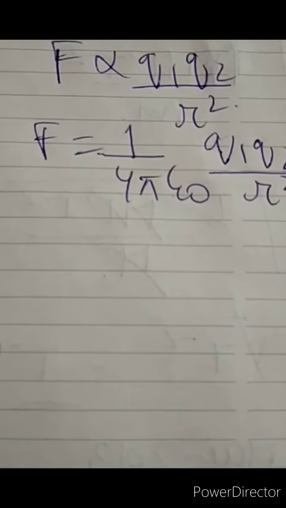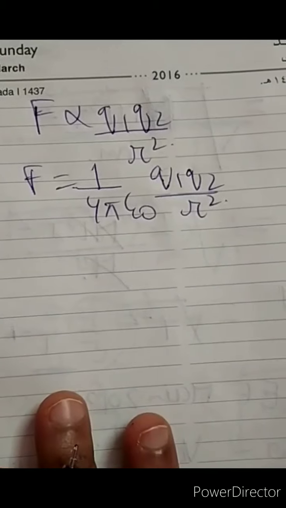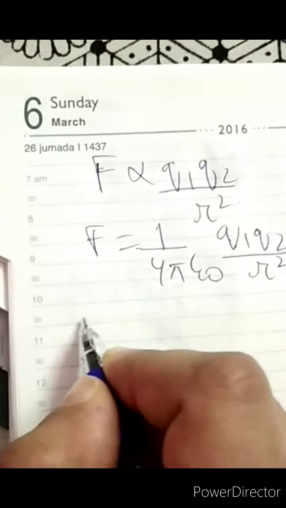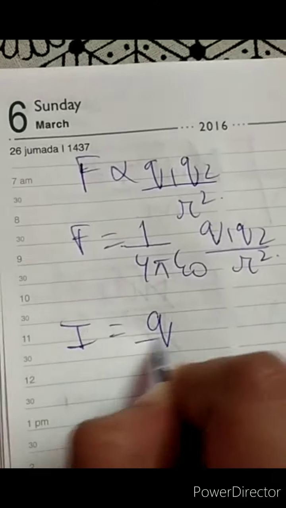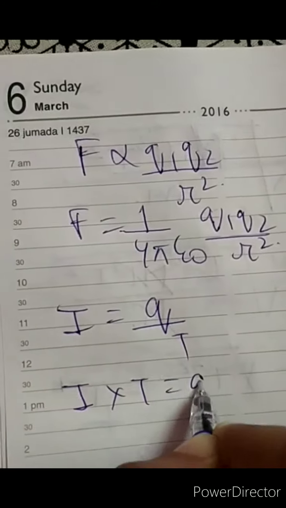Look, they have given A as electric current, not charge. So what is current? Current is charge per unit time, so I into T gives you charge.